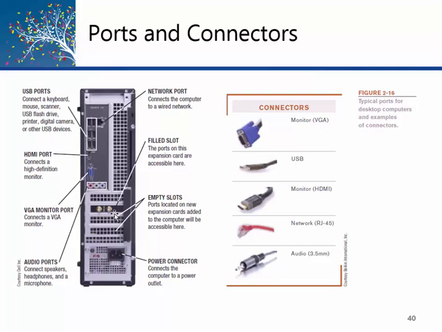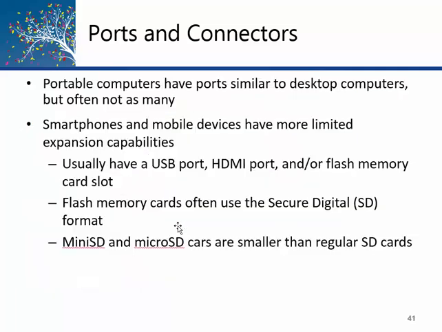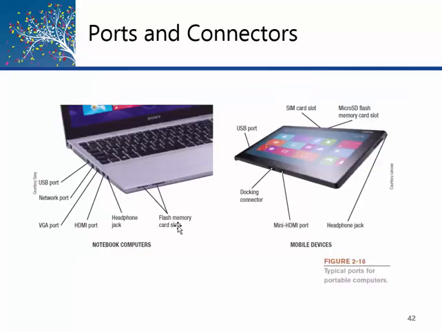Then there are audio ports. You have those not just on your desktop unit, but on your phone, your tablet, your notebook and laptop computers. They all have these ports and connectors. We can see them here on a laptop and on a tablet, the same idea. Ports are where you plug things in, and connectors connect to the ports.